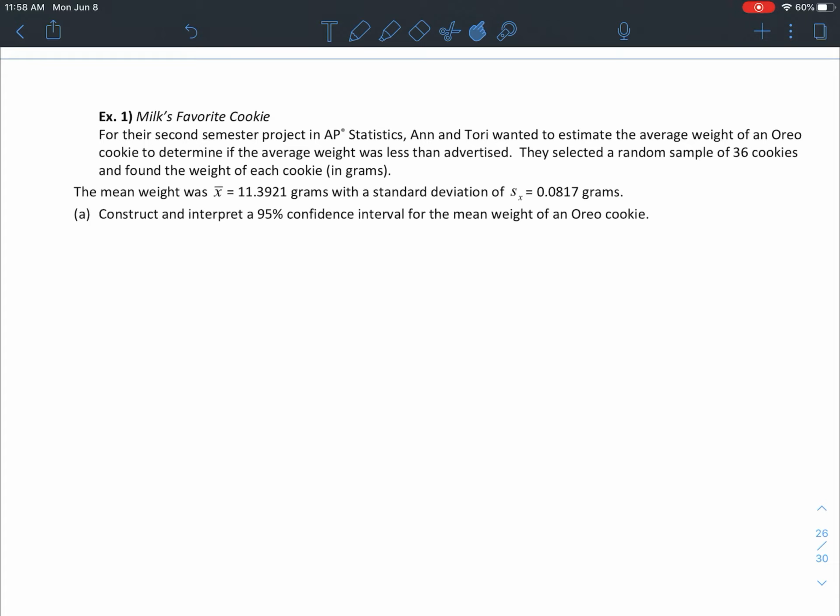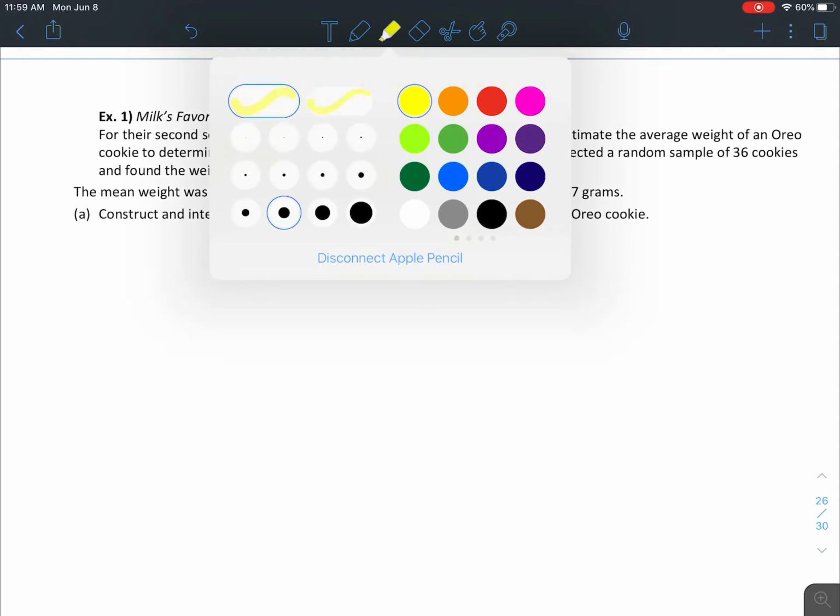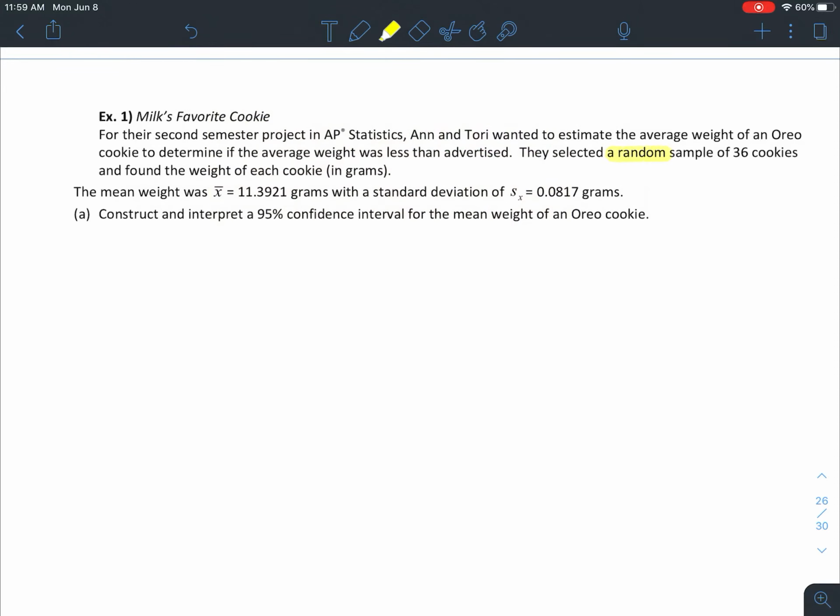The first one is talking about Oreos, milk's favorite cookie. It says for their second semester project in AP Statistics, Anne and Tori wanted to estimate the average weight of an Oreo cookie and to determine if the average weight was less than what is advertised. It mentions here that they selected a random sample, so I'm going to highlight that because that's definitely one of our conditions that we're going to want to make note of.